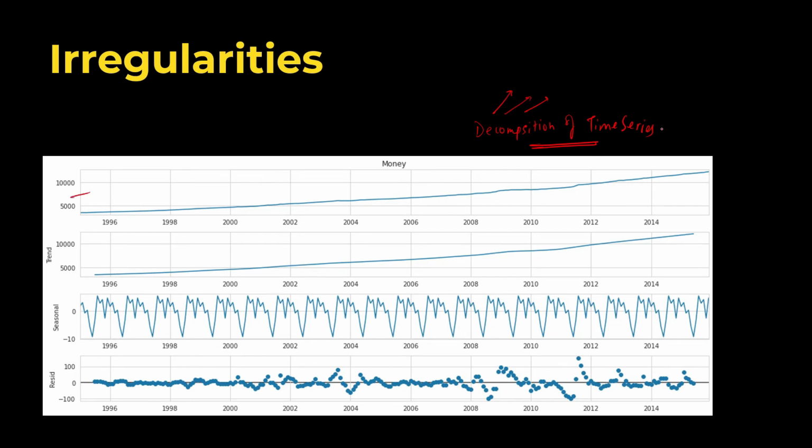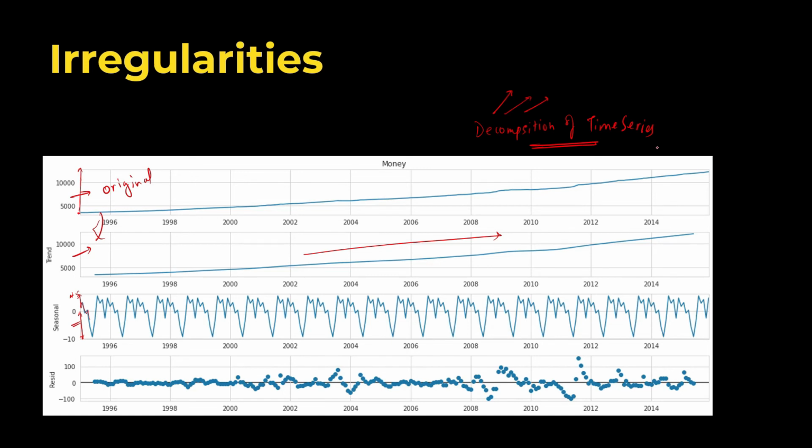So while this is the original time series, this is the trend of this time series, which is the overall growth. This is the seasonality. You see that there is some seasonality, very negligible. And why do I say negligible? Because of the range. You see that it ranges from +5 to -10, whereas the total time series ranges from somewhere here to even greater than 10,000, right?